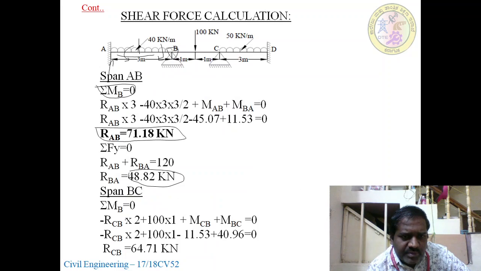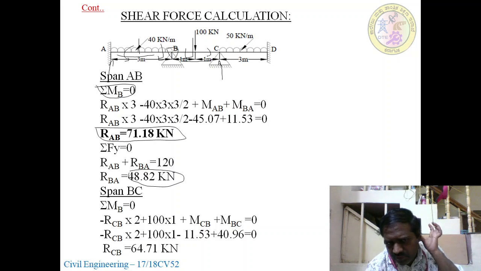Next come to span BC. Summation of moment at B equal to 0. RCB into 2, 100 into 1, plus MCB and MBC equal to 0, you will get the RCB value.